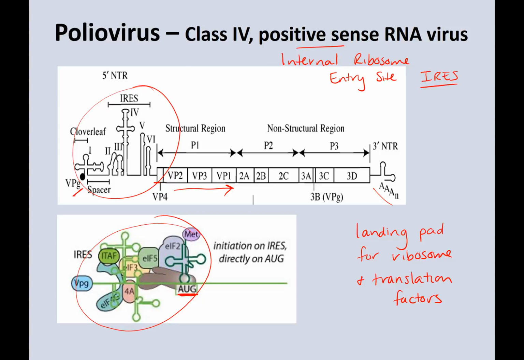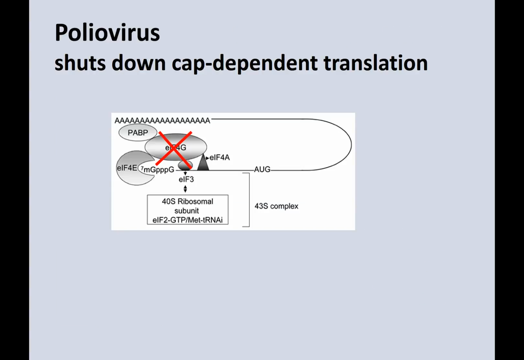Poliovirus, the positive RNA we talked about in the previous lecture, is made by a different polioviral RDRP. And that's why, again, it doesn't have that same 5' cap, but it overcomes the need for a cap and tail by using the internal ribosome entry site. Poliovirus even shuts down what's called cap-dependent translation.